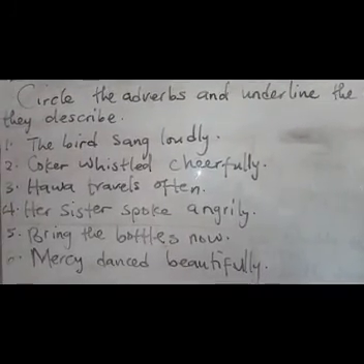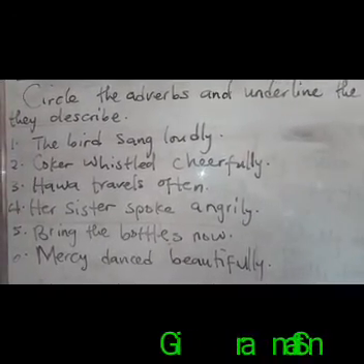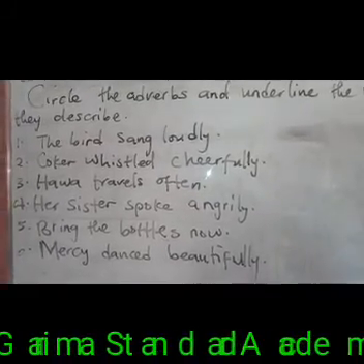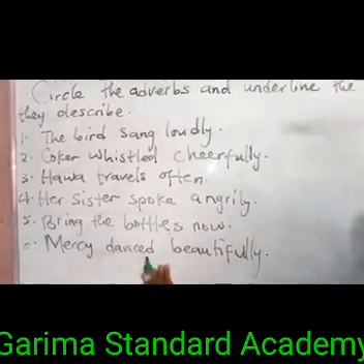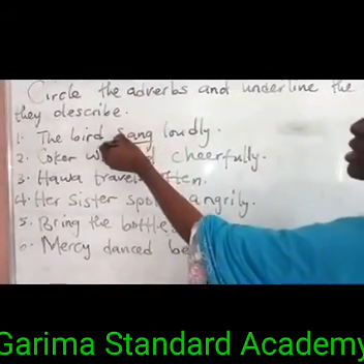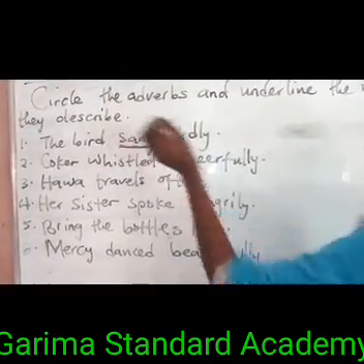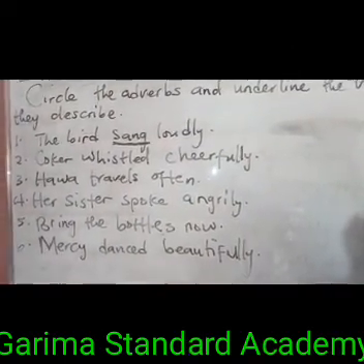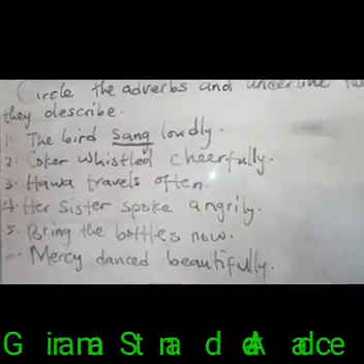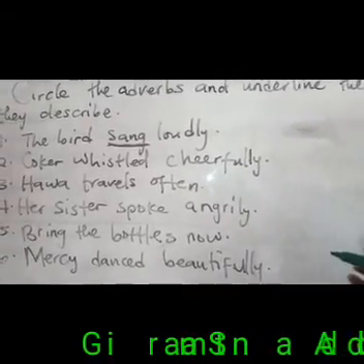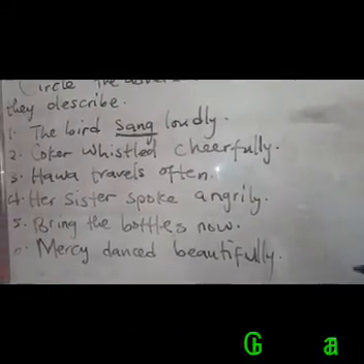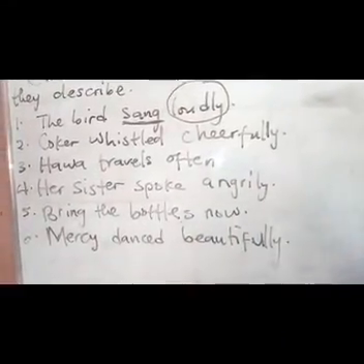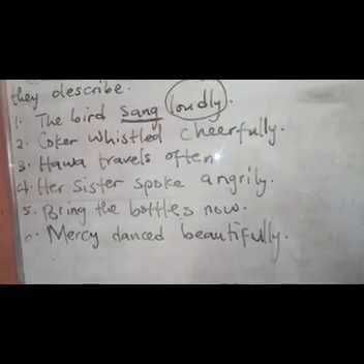We look for the verb in the sentence, and this is the verb, sang. The past form of the verb sing is sang. Now we have to circle the adverb. This is the adverb that tells us how the bird sang: loudly.